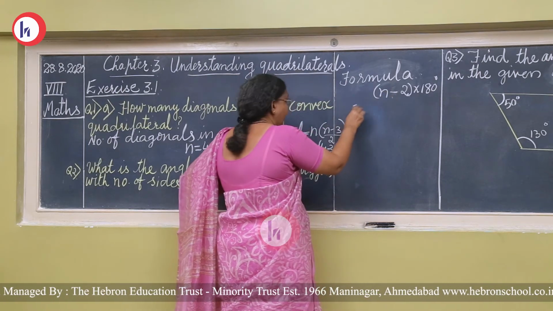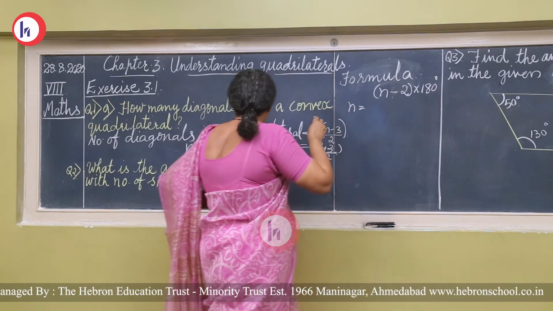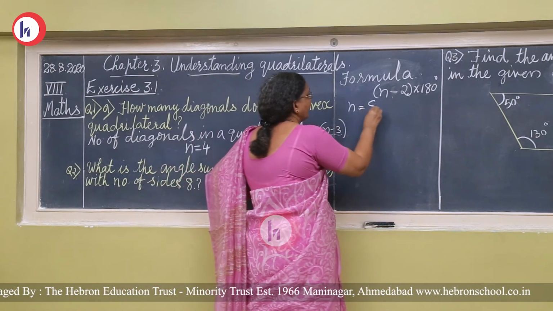So here, according to the formula, n is already given, that is 8 sides.